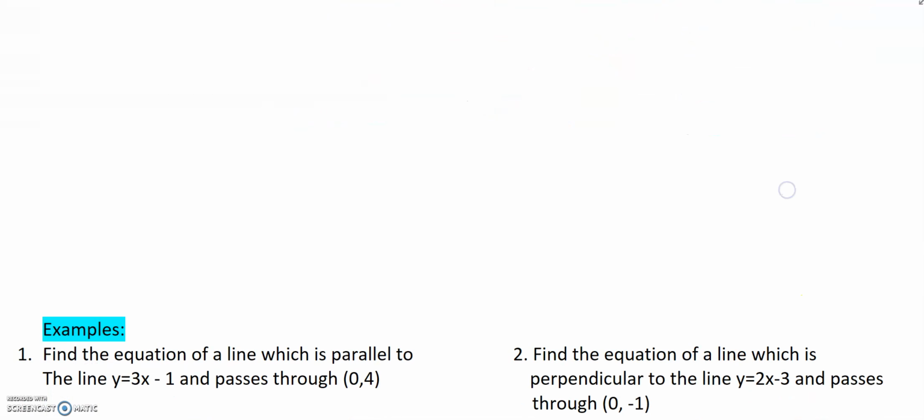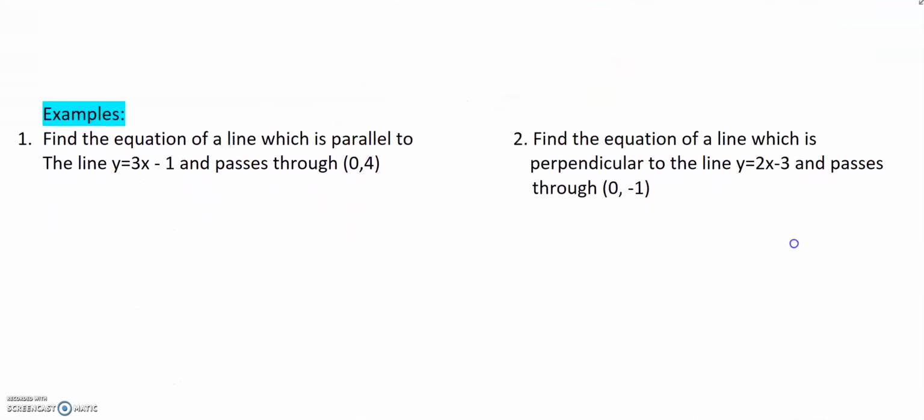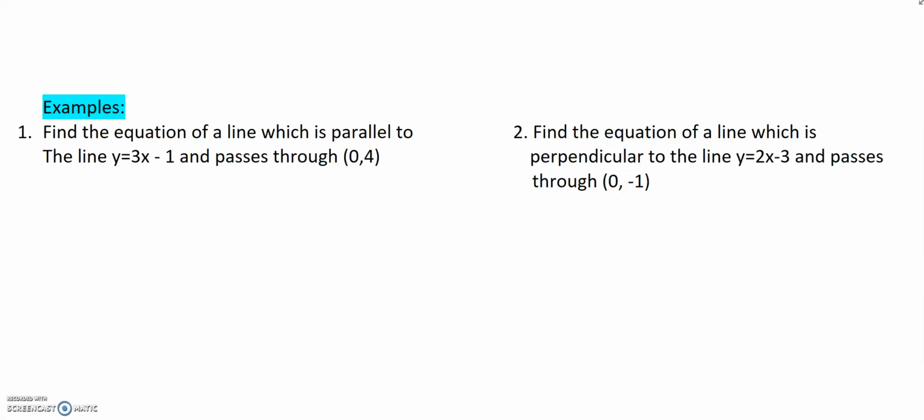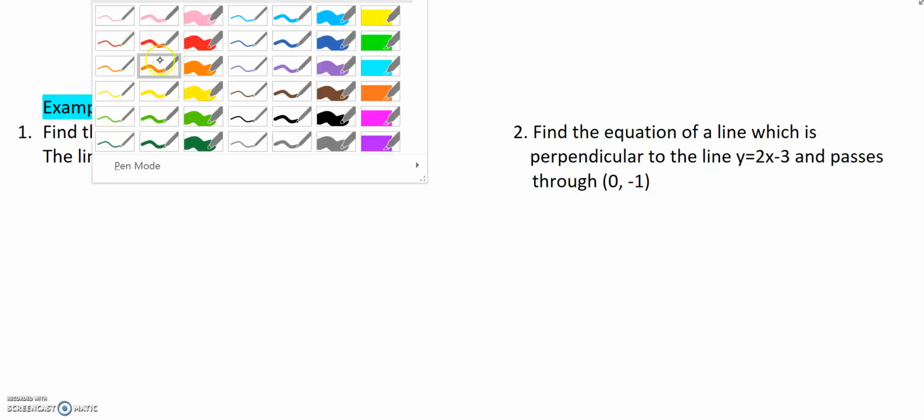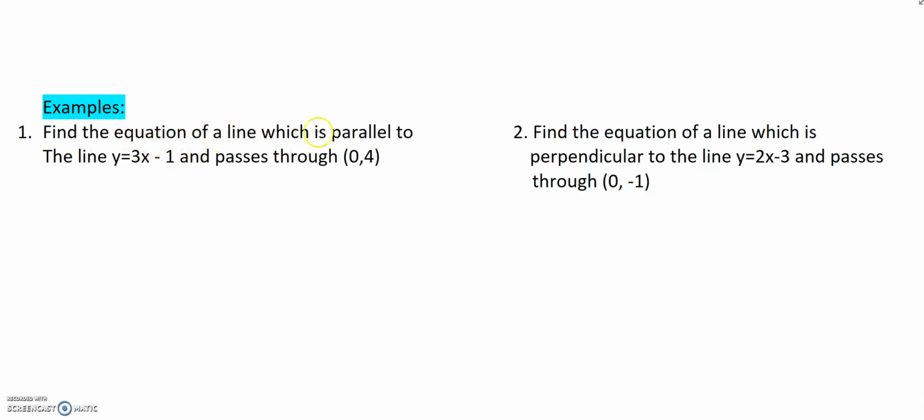Okay, but let's do a couple of examples. Find the equation of a line which is parallel to the line y equals 3x minus 1 and passes through (0, 4). Because it's parallel, we know that gradient 1 is equal to gradient 2.